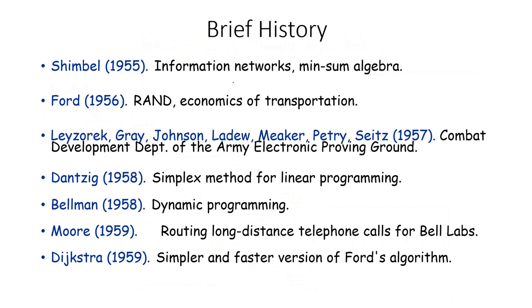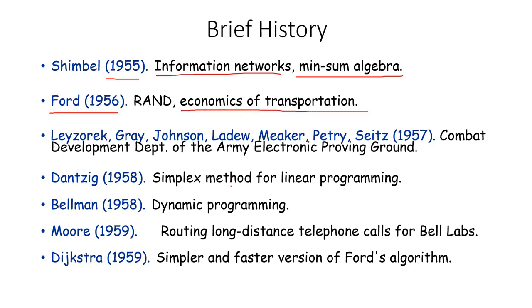The shortest path was initially discovered around the 1950s. The first step was done by the scientist Shimbel in 1955. He wanted to apply the shortest path in information networks in min-sum algebra. Then later, Ford in 1956 wanted to find the shortest path in the economics of transportation.